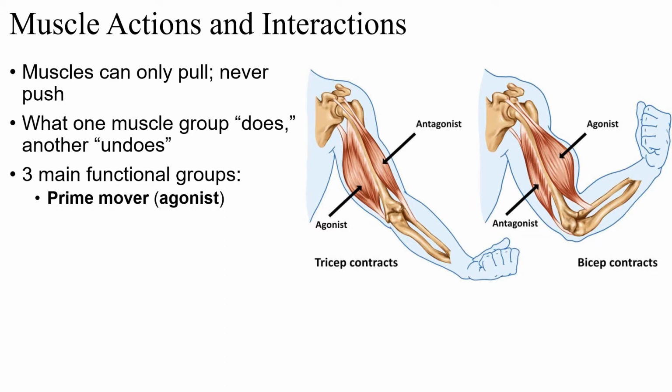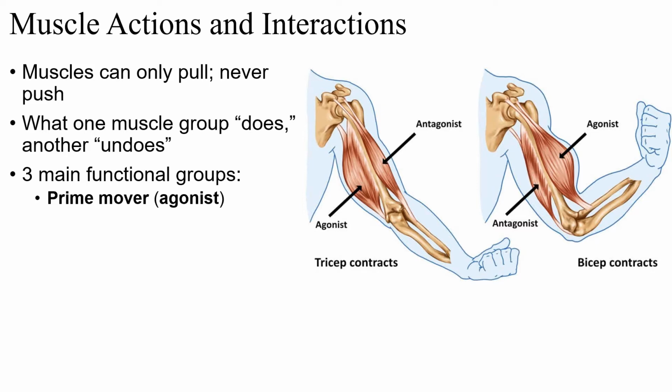So the first name is going to be considered the prime mover, and this is going to be an agonist. You can use the word prime mover or agonist, both of them work. Depending on what is actually happening, you're going to have a muscle be the agonist. In this example with this image, we have both an agonist and antagonist, and I'll talk about what an antagonist is.